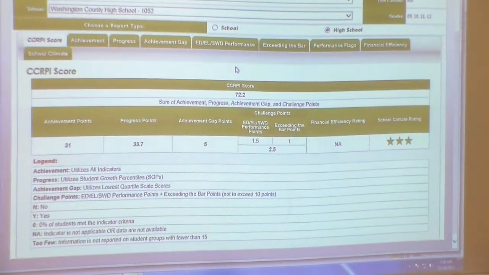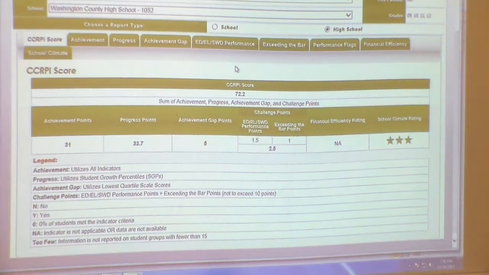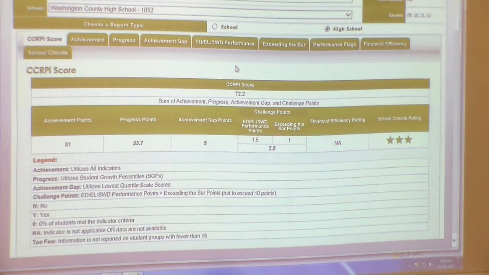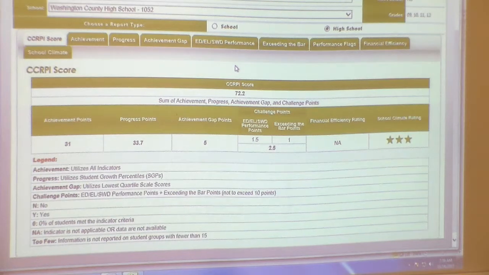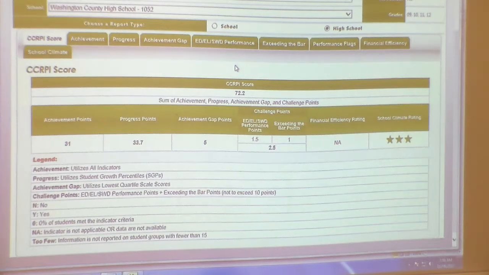We went down a little bit in our overall score. We were 75 point something, and we dropped to 72. These are the different elements that the scores are made of; this is where the overall score comes from.